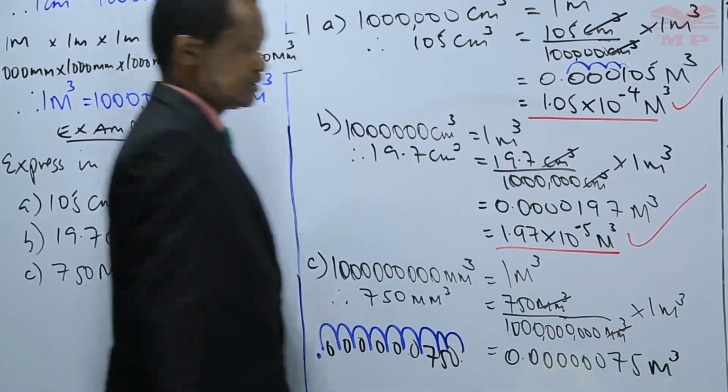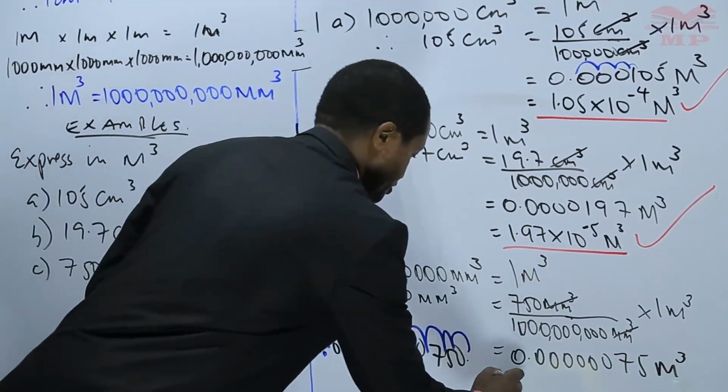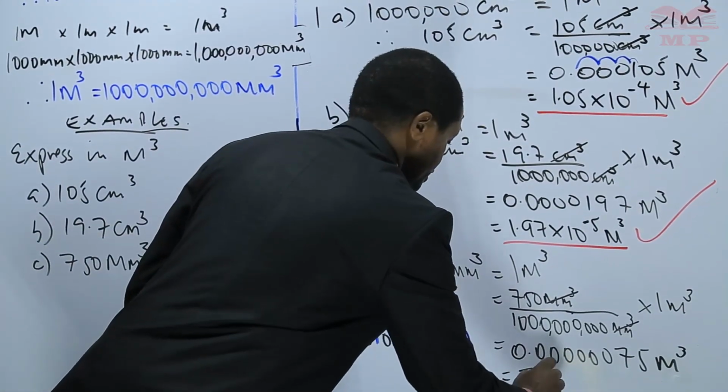These are cubic meters. In simplified form, we can rewrite this as 7.5.